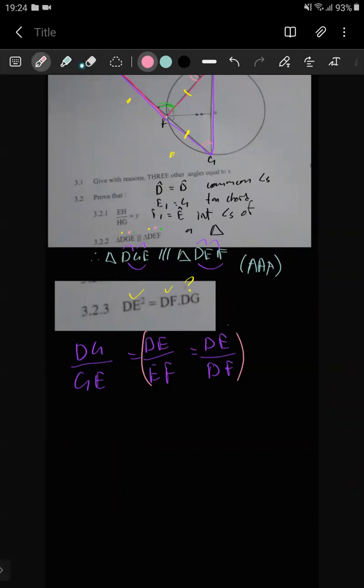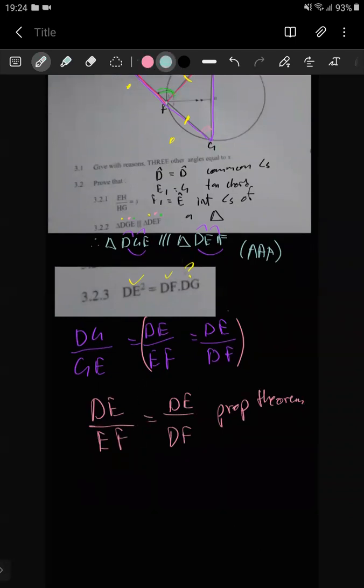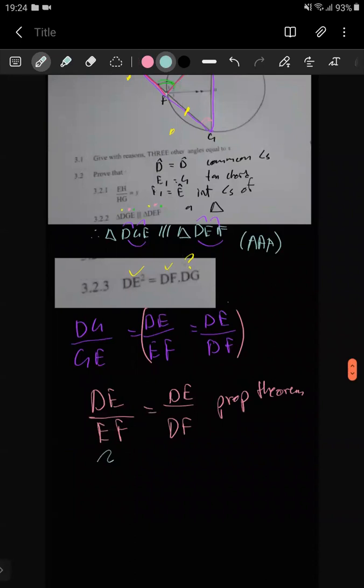So let's put here DE over EF is equal to DE over DF. The reason for writing this is just the proportionality theorem. Now let's do what we can. If you cross multiply here, you're going to have DE dot DF equal to EF dot DE.